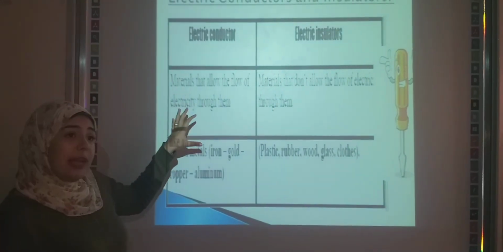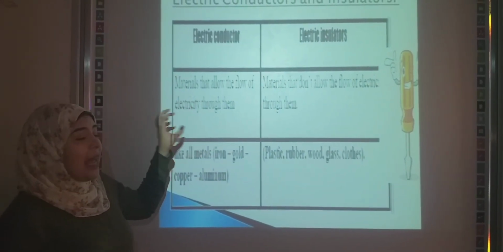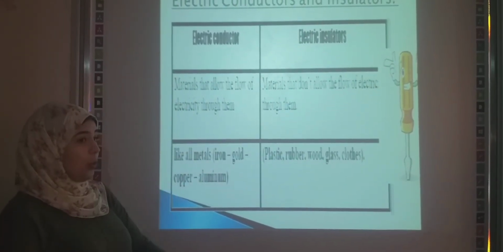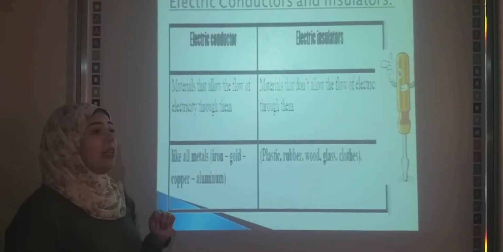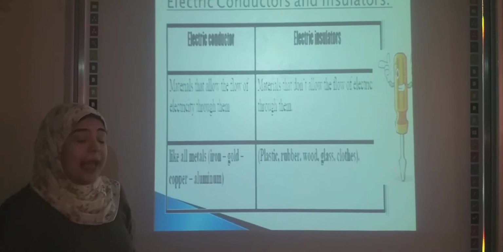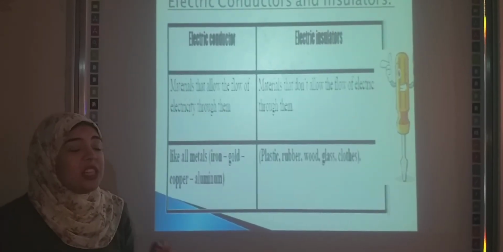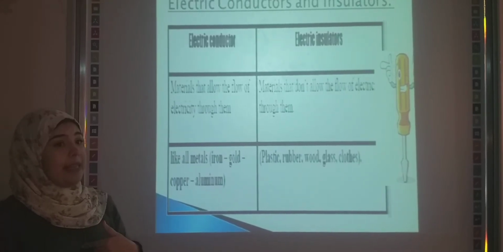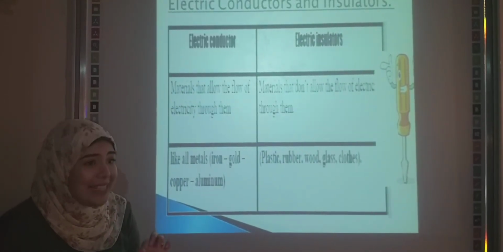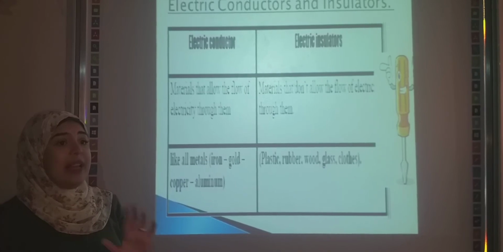What is an electric conductor? Materials that allow electricity to pass through them. What is an electric insulator? Materials which don't allow electricity to pass through them. Can I say all materials are good conductors of electricity? No, I can't. But I can say all metals are good conductors of electricity.